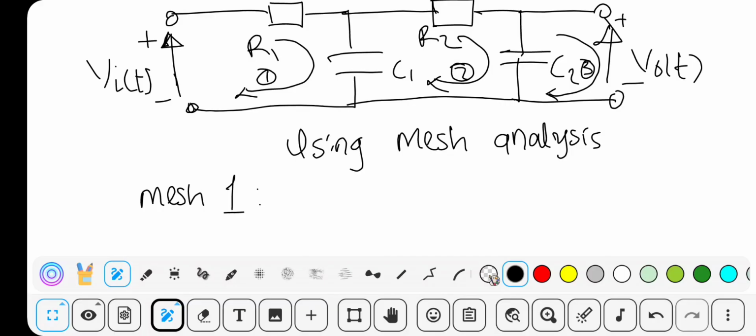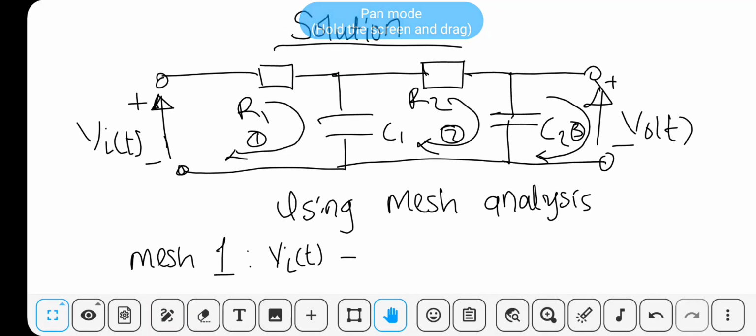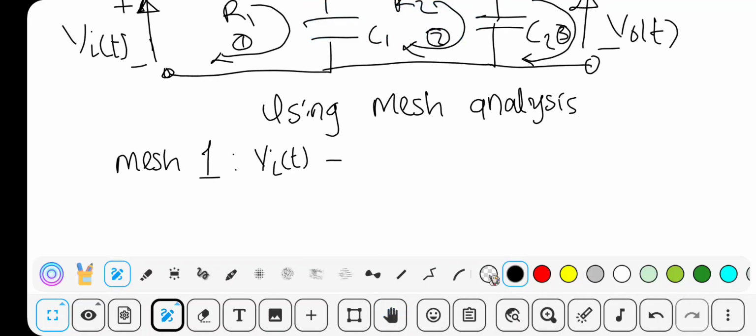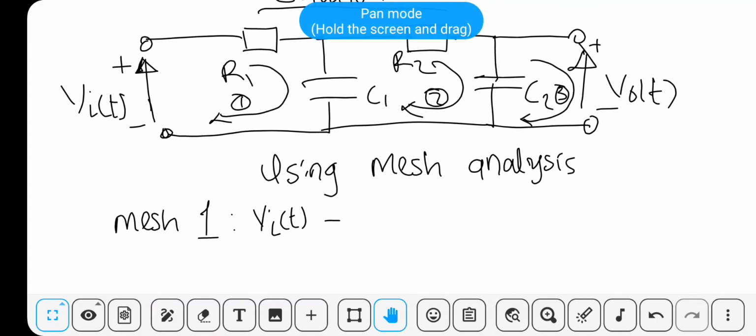So for this mesh 1, moving through the voltage from negative to positive, the voltage is positive, minus going through any circuit component, you'll have a negative value for the voltage drop.